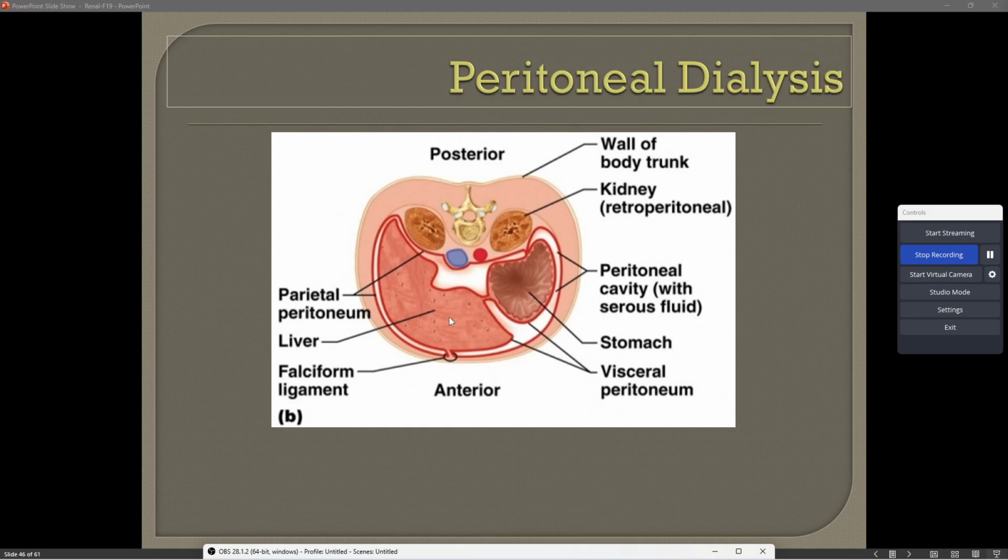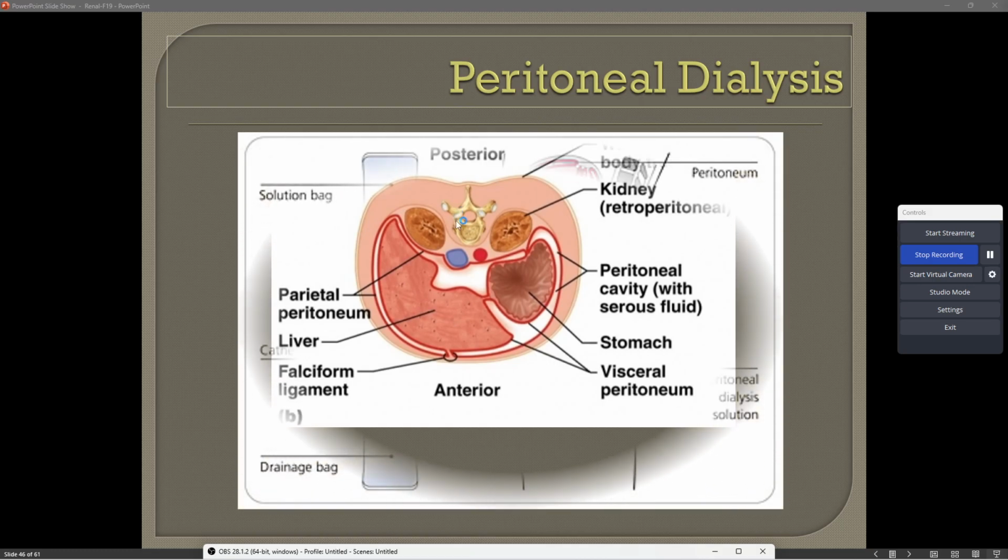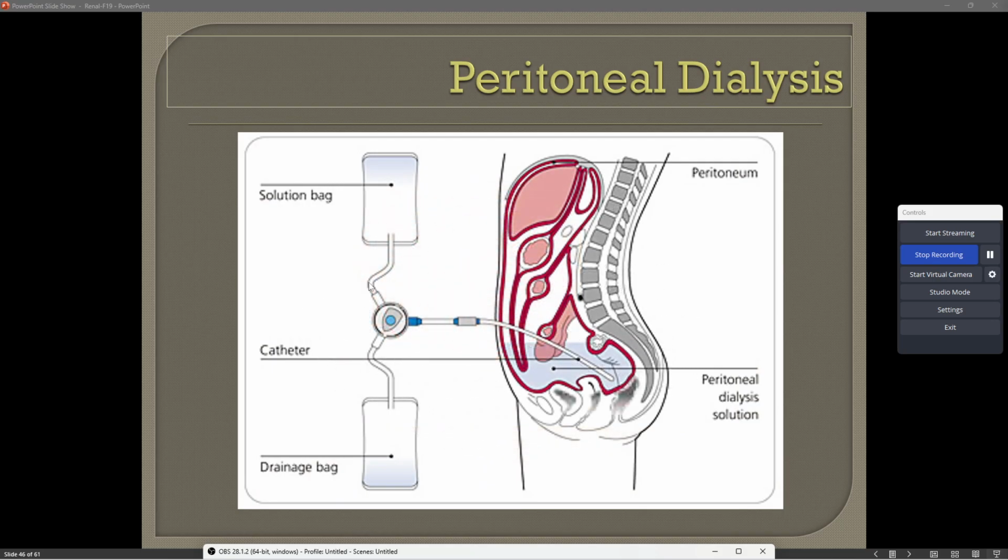We have the falciform ligament there in the front, and then you're going to see we actually connect a catheter directly into the abdominal cavity. And the idea is that when this is in the abdominal cavity, it gives us an access port by which to put solute or dialysate into the patient and also to take it out of the patient.